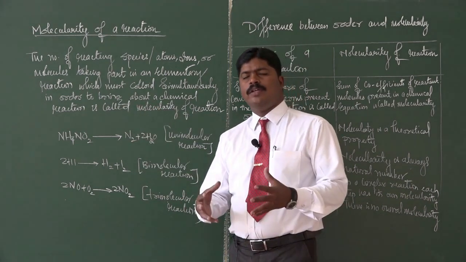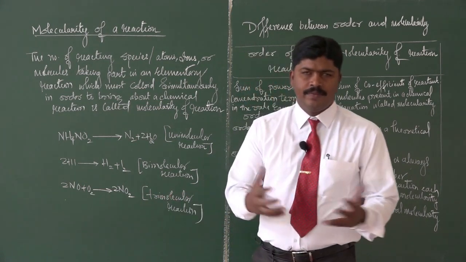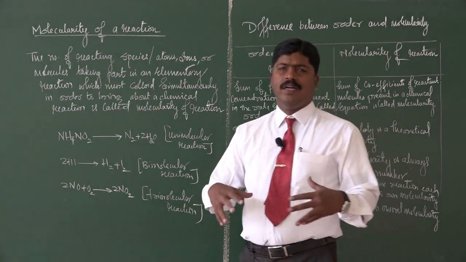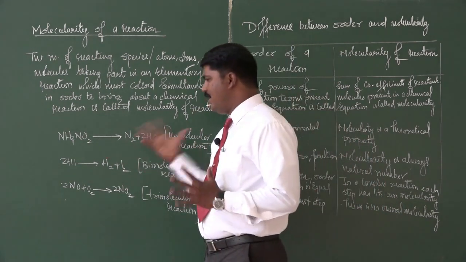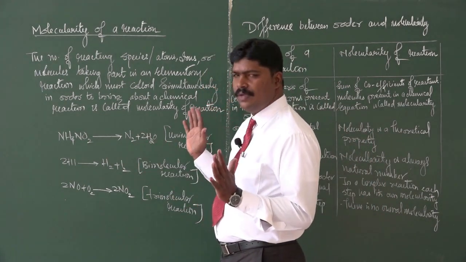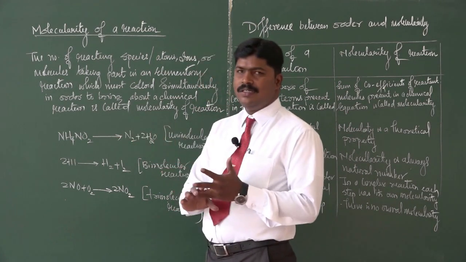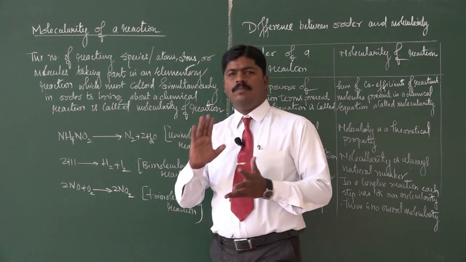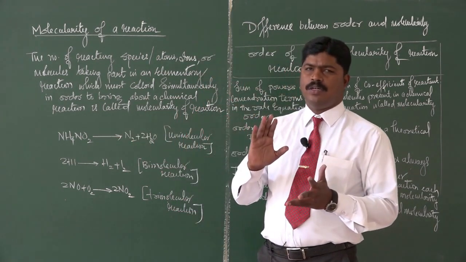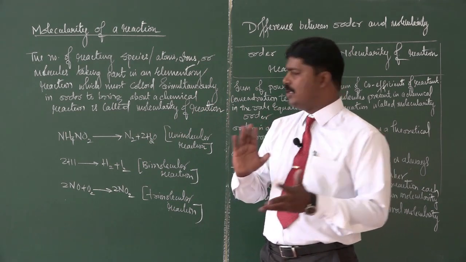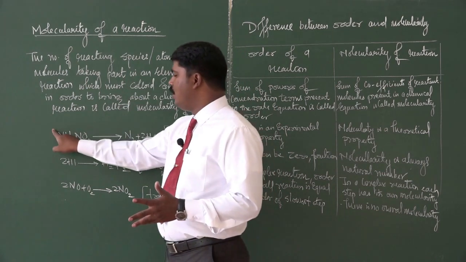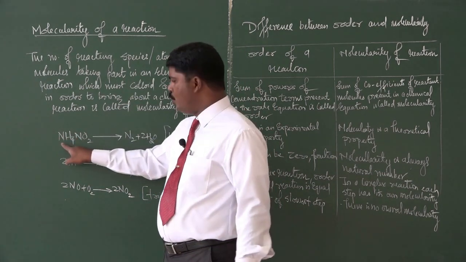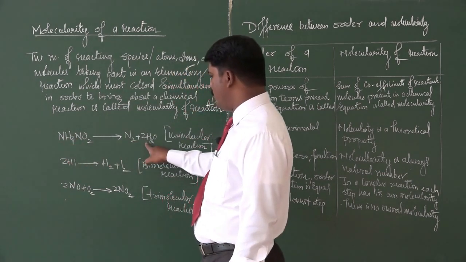So, the reacting species collide, and when they collide they form the product. Now, what we are focusing on: the reaction is a balanced chemical equation, and it has formed the product. Now, you must see how many reacting species are involved. Here only one is there. Ammonium nitrite forms nitrogen and 2H2O.